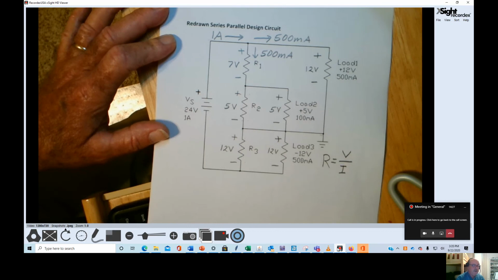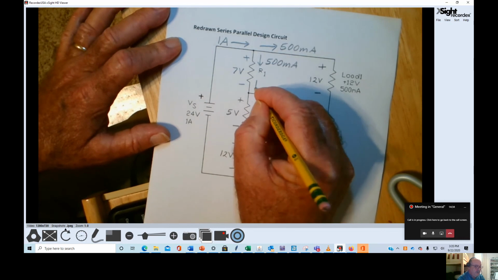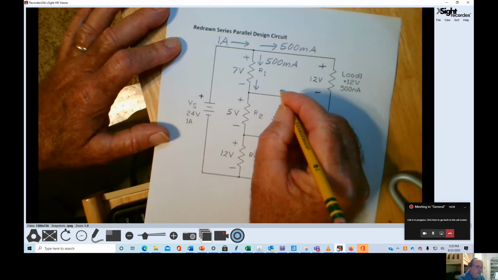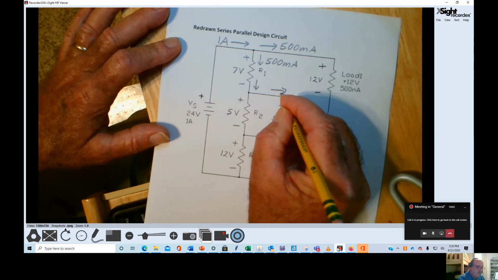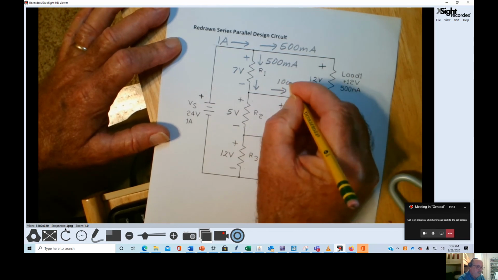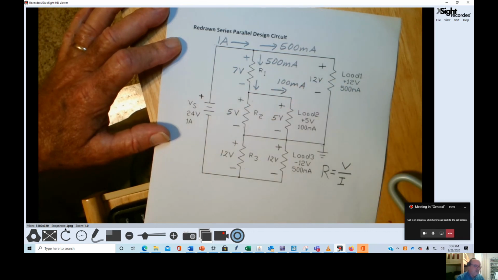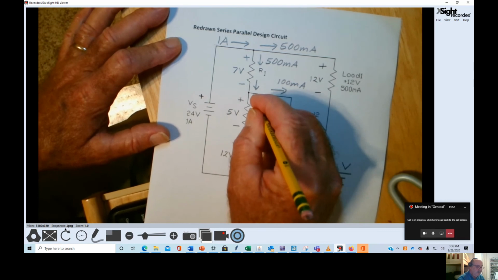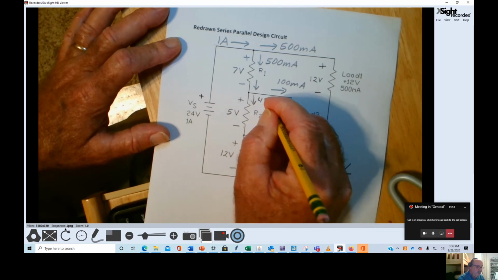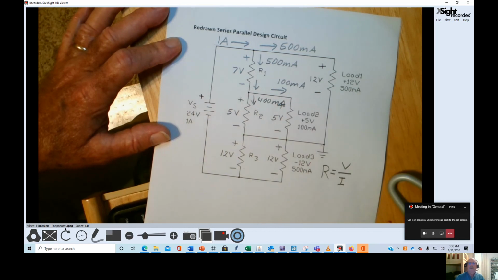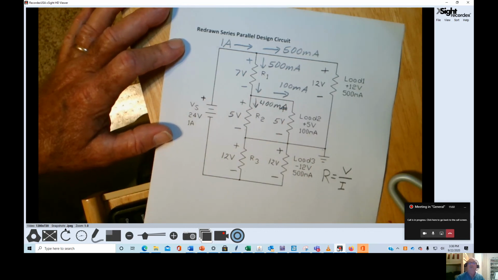The current that enters a node must leave that node. Now we have 500 milliamps entering this node through R1, and we have 100 milliamps flowing this way through load 2. So that leaves us a current of 400 milliamps to flow through resistor R2.